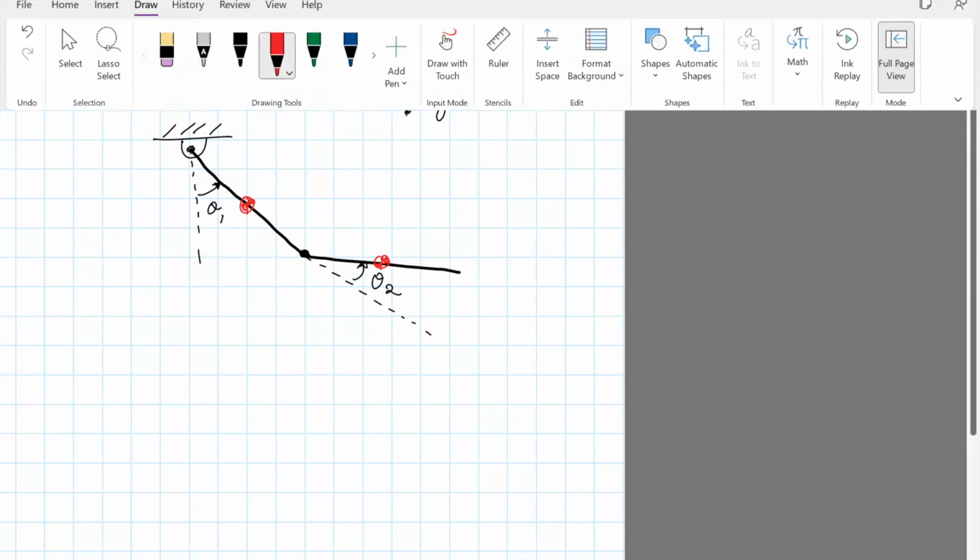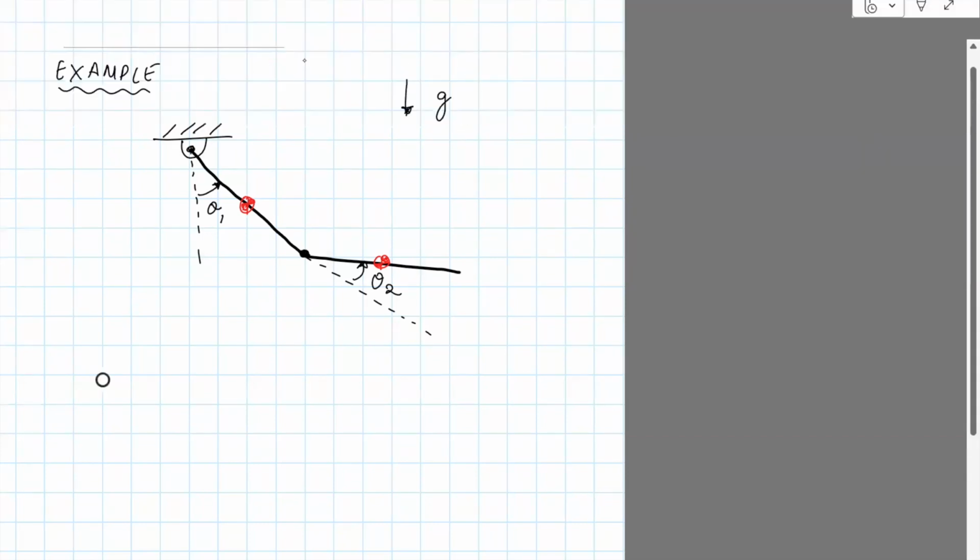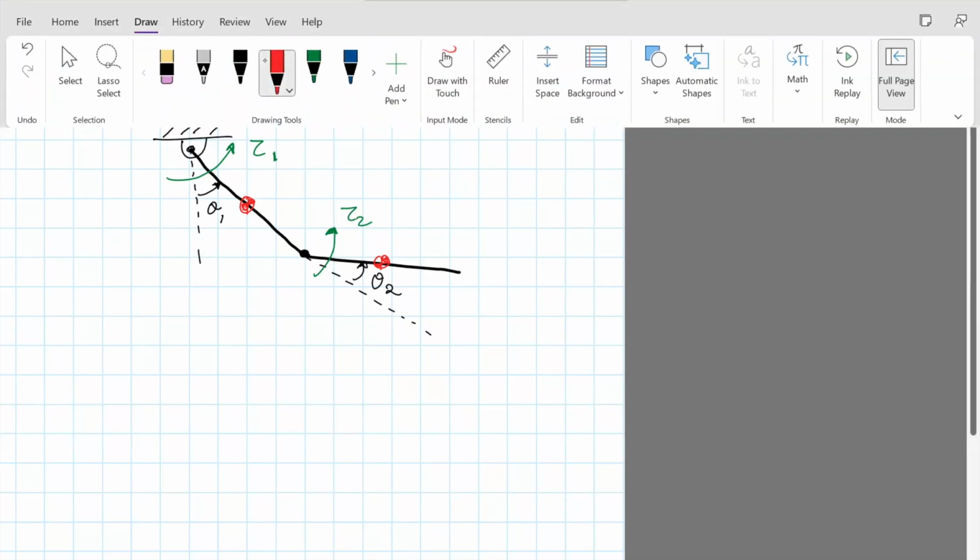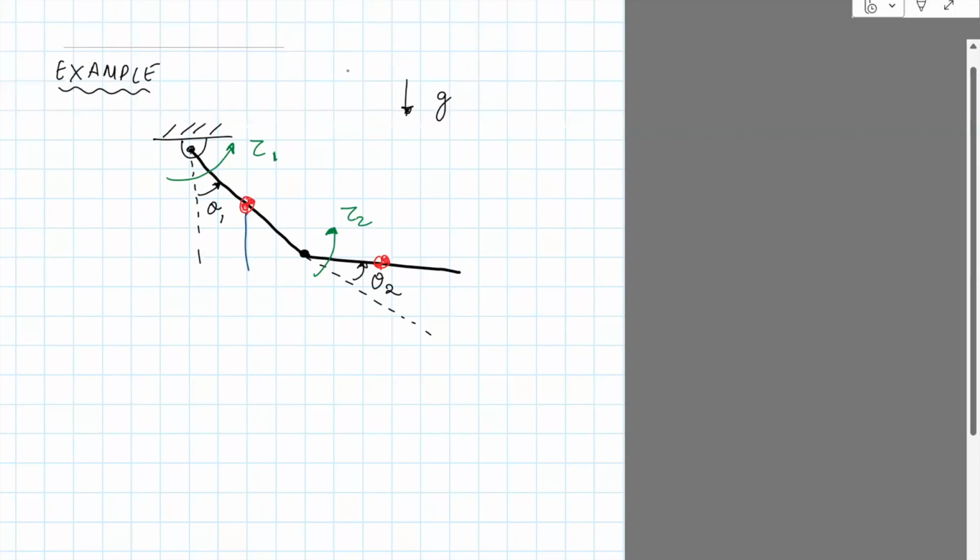So what you need to do is support the pendulum with a torque. Let's call that torque tau 1 at joint 1 and torque tau 2 at joint 2. And you know that the effect of gravity is to pull this down with a force of m1g and this one with a force of m2g.